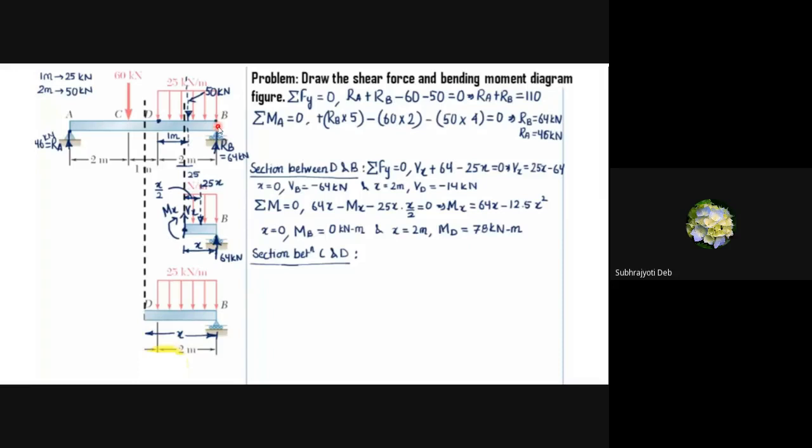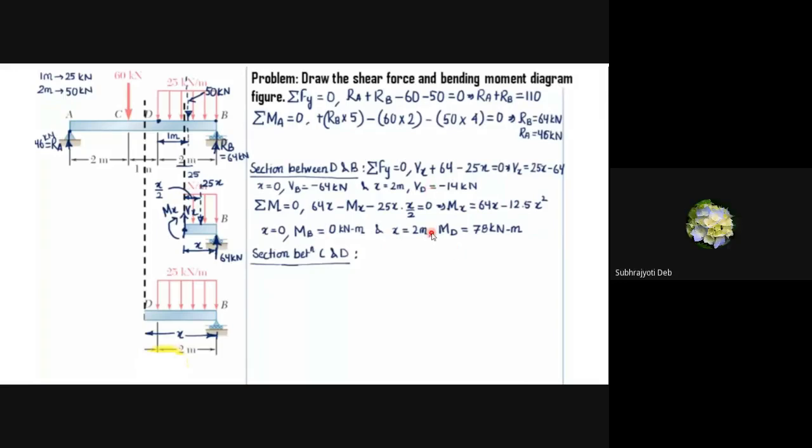If you take moment at point B, what is the distance? There is no distance, it is 0. Then here x equal to 0 is taken. And to find the moment at D, what is the distance? 2 meter. x equal to 2. Yes, that is it.